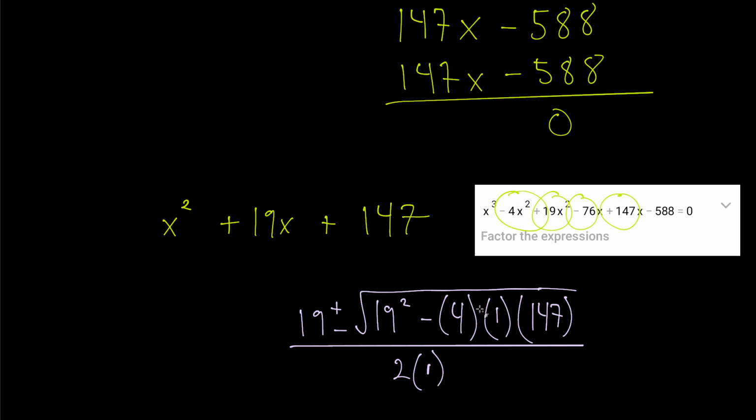If we just look at the determinant, everything under the square root, we get 361 minus 588. And that makes a negative. So there's no real roots.